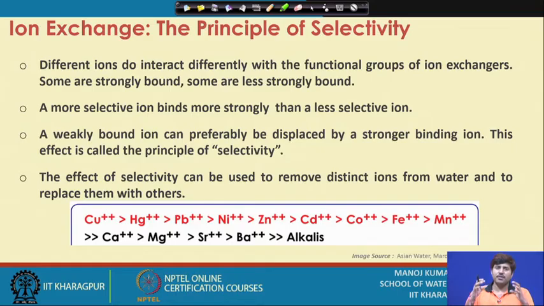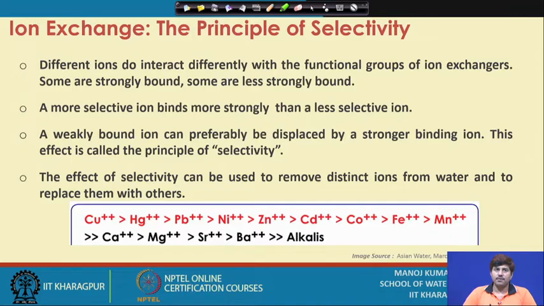The one which bonds more strongly will be selected beforehand by the functional group of the resin. So, more selective ions will bind first, and then it will go to the less selective ions, which have lesser strength for binding with those functional groups.